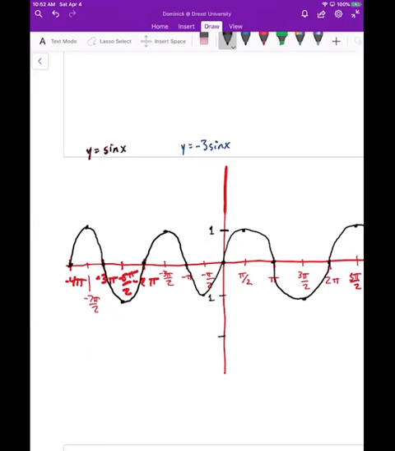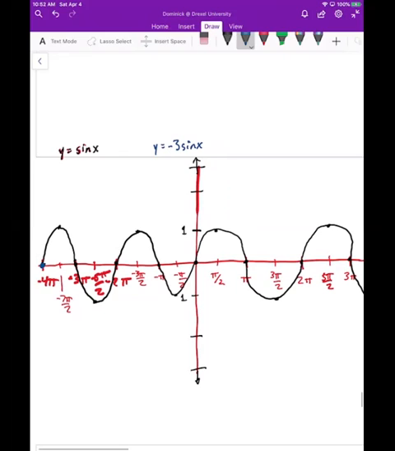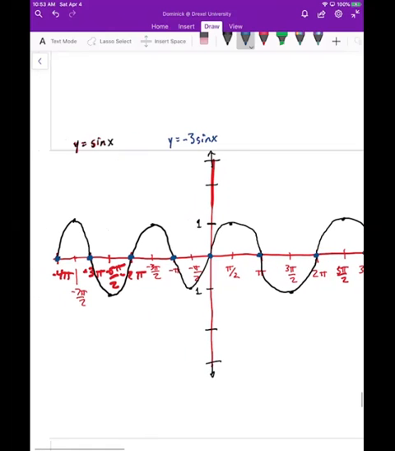Now for -3 sine of x, there's two things going on. Right, because not only are we multiplying each value by 3, we're also making it negative as well. Right, so all the zeros will stay put. If I multiply 0 by -3, they're not going to change. So all my 0 points are going to stay. But now all my y values that are 1, if I multiply 1 by -3, I'm going to get -3.